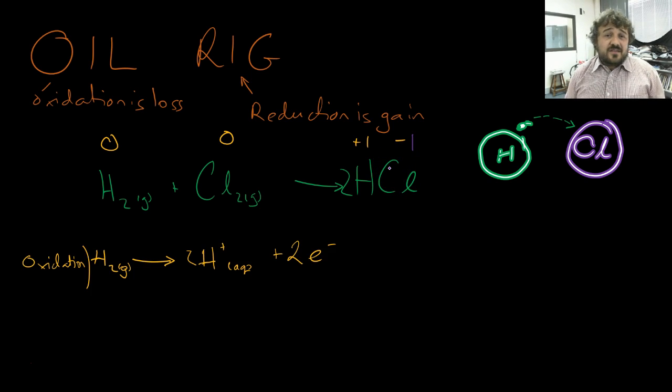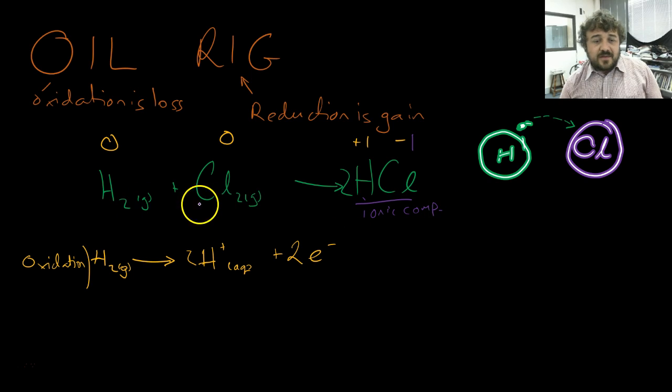So if oxidation is loss, that means the hydrogen is oxidized. We have H2, the element, which goes to H+, because remember, this over here is an ion, so that's an ionic compound, and these are elements. It's given 2 electrons away.